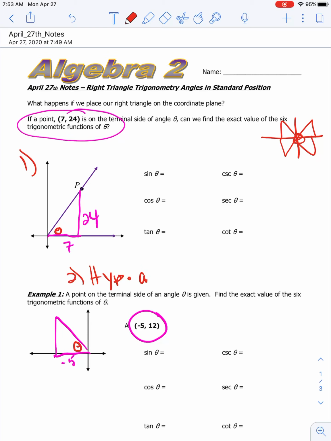Your hypotenuse will always be positive. Okay, it will always be positive no matter whether your sides are positive or negative. The legs can be negative, they could be positive, depending on which quadrant they're in, but your hypotenuse always has to be positive.